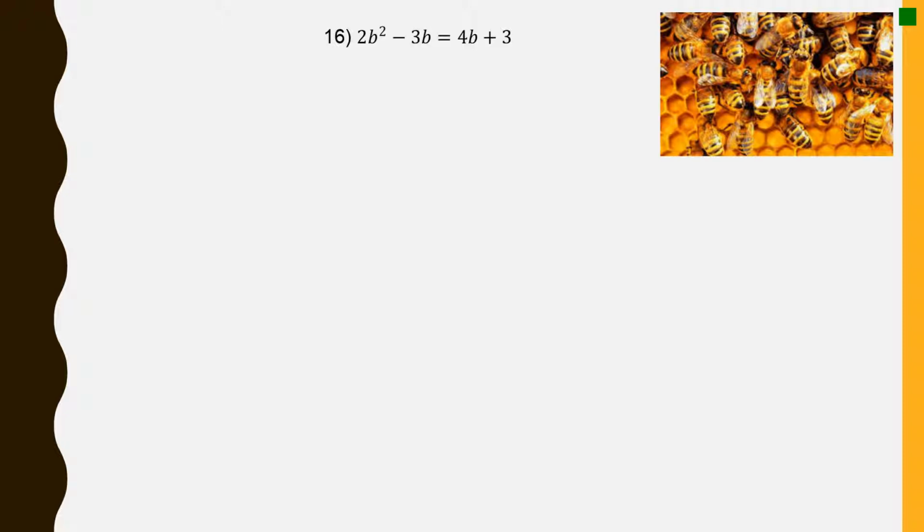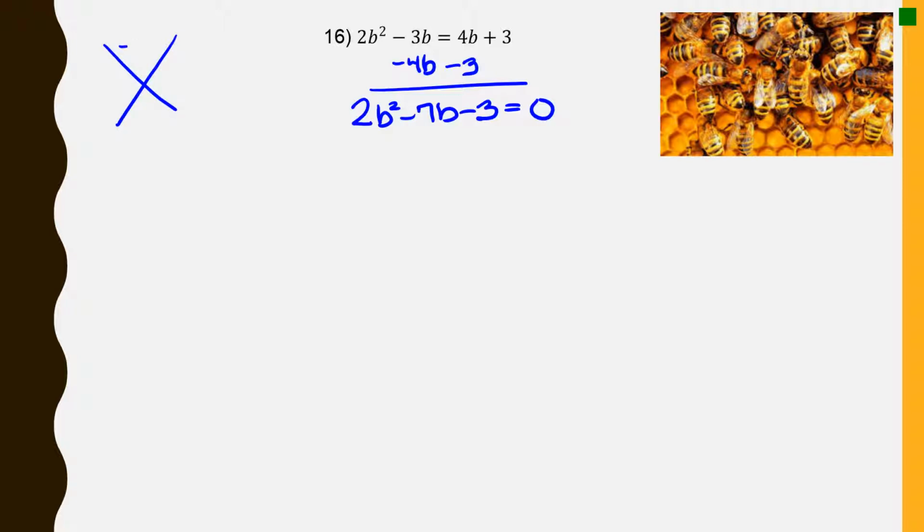All right, on this one, I am going to subtract 4b, and I'm going to subtract 3. So I have 2b squared minus 7b minus 3 equals 0. Okay, if I try factoring, are there factors of negative 6 that add up to negative 7? You might think there are, but negative 6 and negative 1 doesn't work because that multiplied together gives you a positive 6.